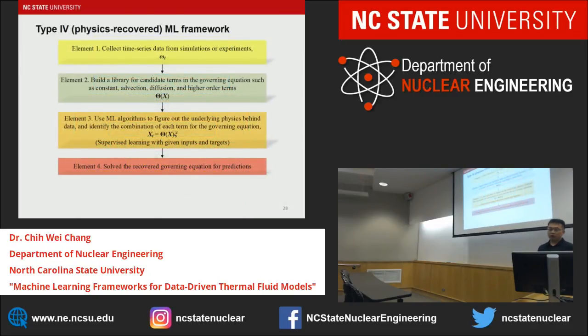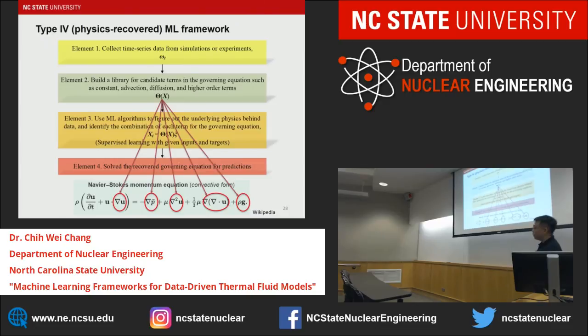Type 4 machine learning is aimed at reconstruction. So at stage 1, we need to collect the time series data. And at element 2, we need to build a library including a lot of different candidate terms. We take the Navier-Stokes equation, for example.